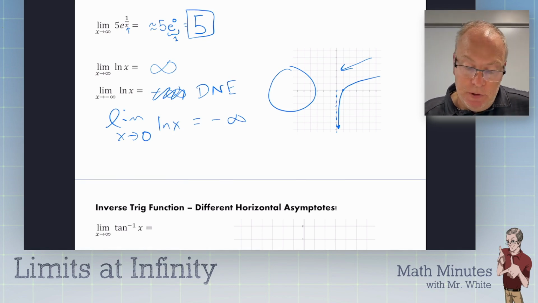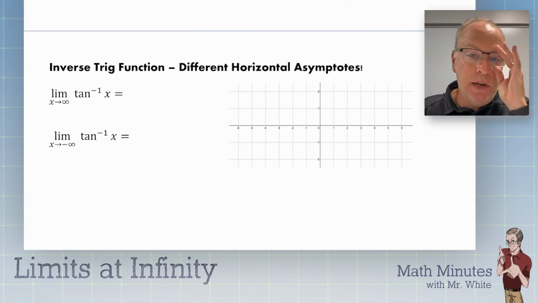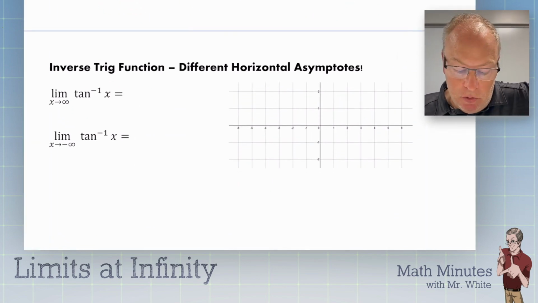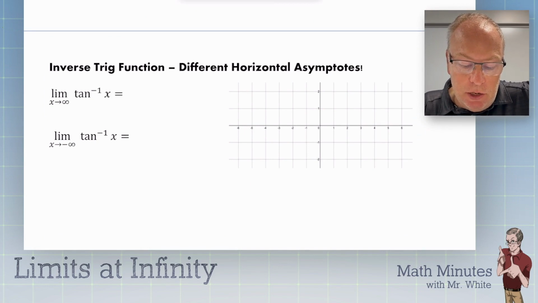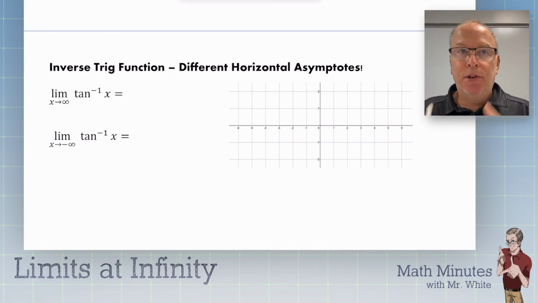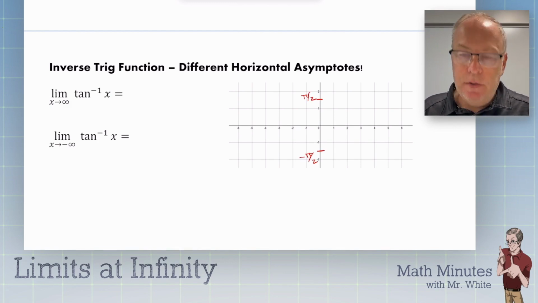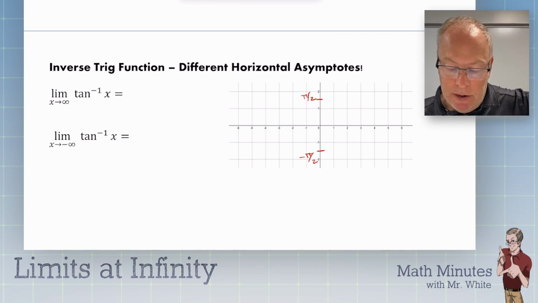One last thing, folks. I promised that I would show you an example with different asymptotes on the left and right. So the inverse tangent function has a range that matches the domain of tangent. If you recall, here's pi over 2, and here's negative pi over 2, because tangent goes from negative pi over 2 to pi over 2 to do its one period.